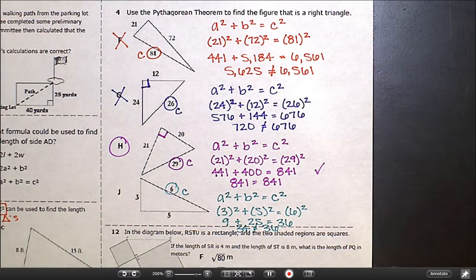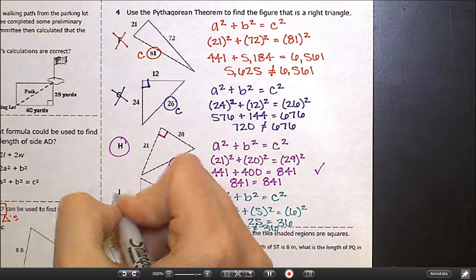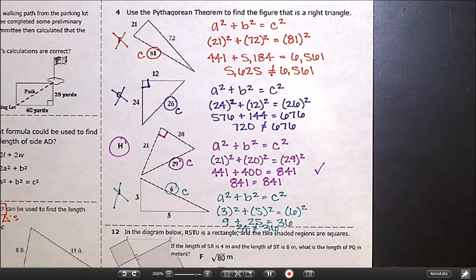And I got 34 equals 36, which is not true, so that is not a right triangle.